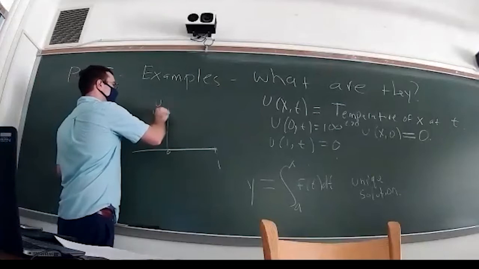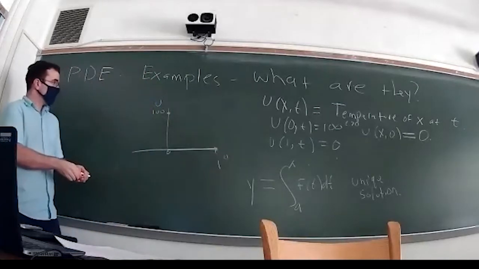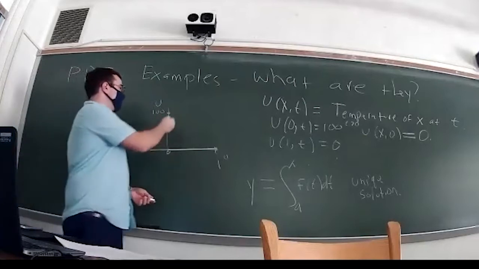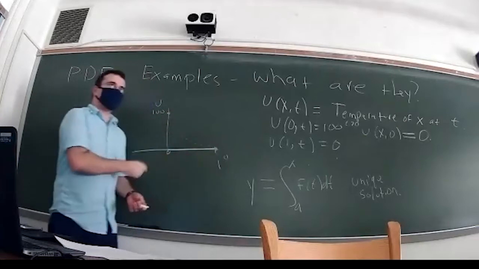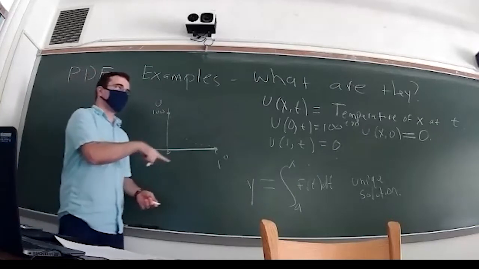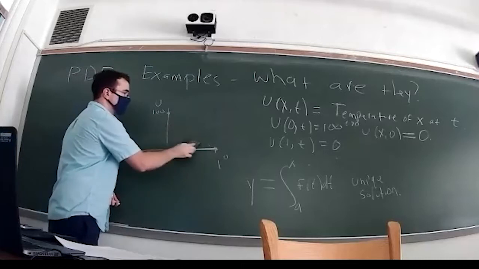Maybe just take 1. So I'm hearing something that could be like that. Although it can't actually be 1 over x, right? Because you need that to be 0. Could it just be linear? Yeah.